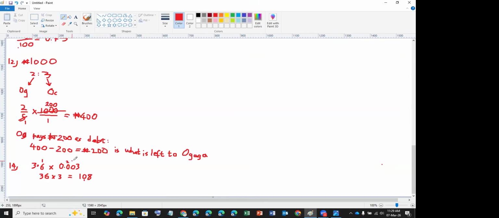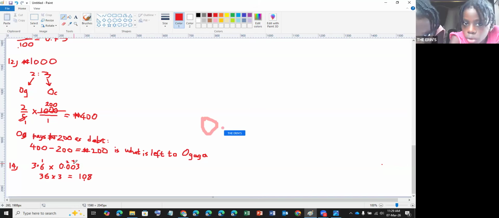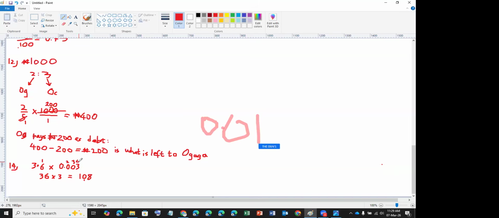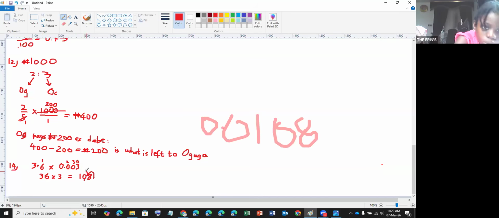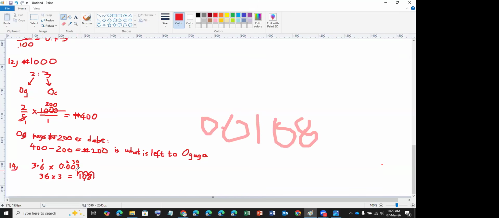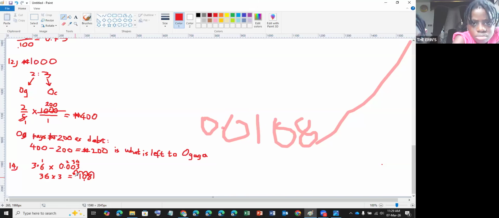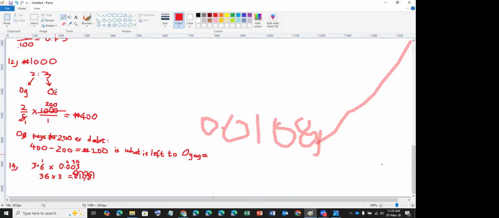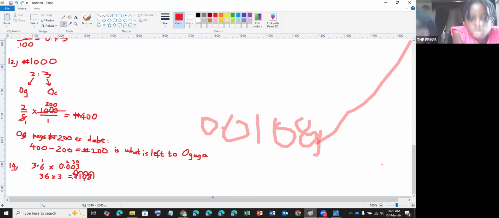Please write it like this in your book. 3 and what? 4. So that means it's 4 together. So we're going to count from the back. 1, 2, 3, and what? 4. So I say my answer is correct. So it's going to be what? 0.0108.